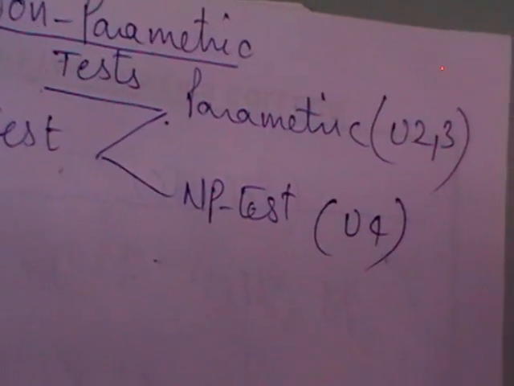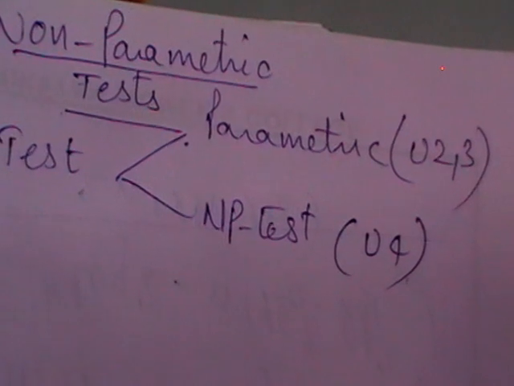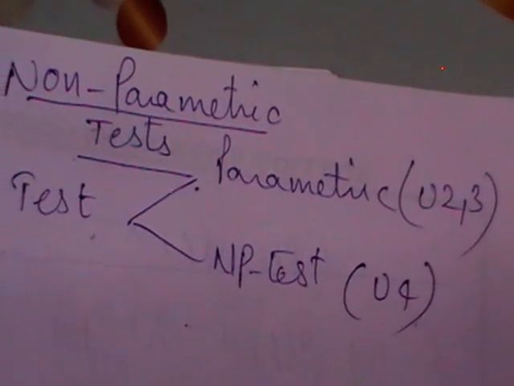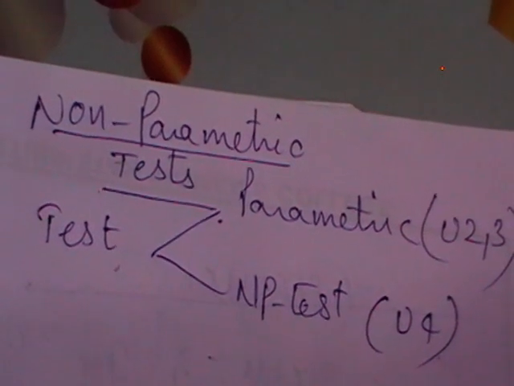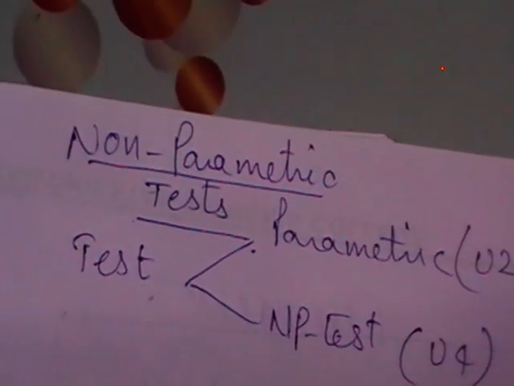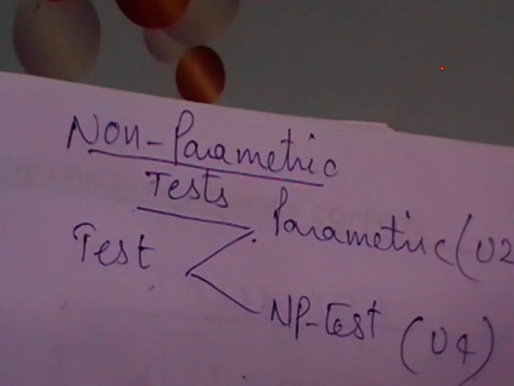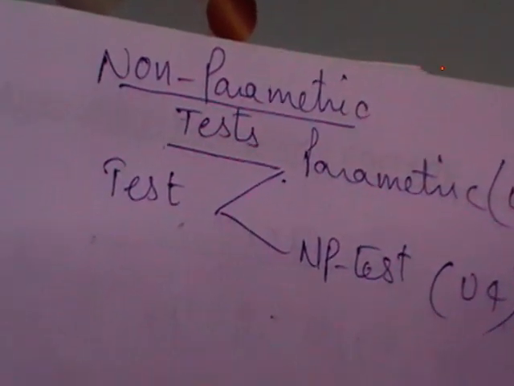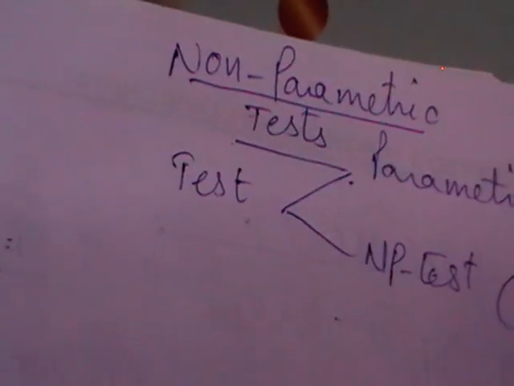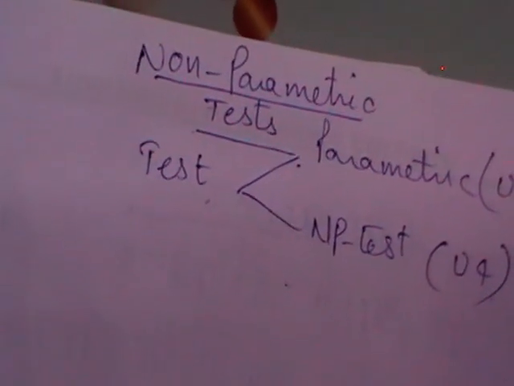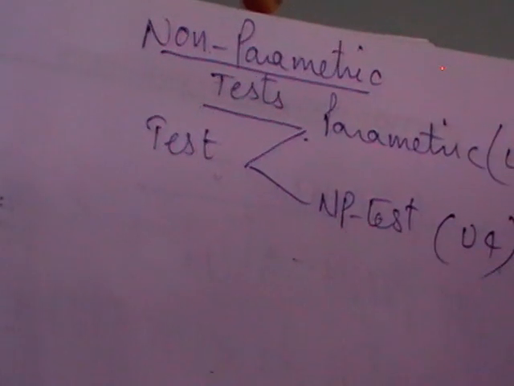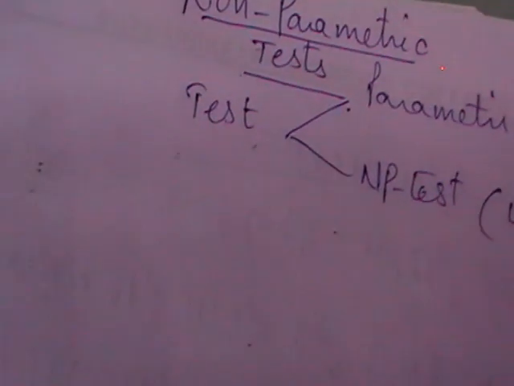After estimating the unknown parameters of the population, you are framing a statement regarding the estimation, which is called the hypothesis. After making the statement, it may be true or it may not be true. So, after making the statement regarding the estimation process, you are going to test the statement which is made.